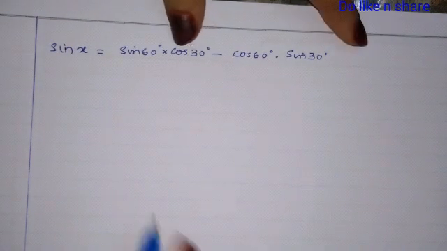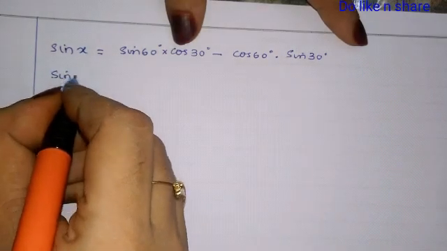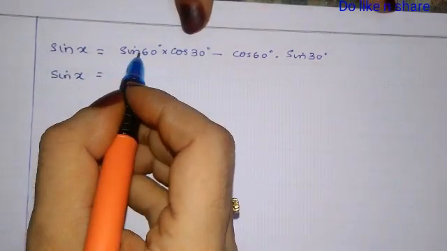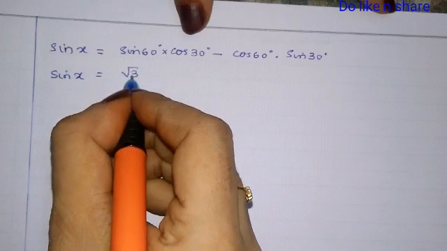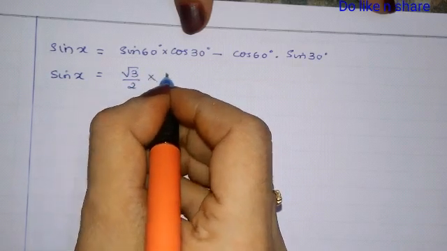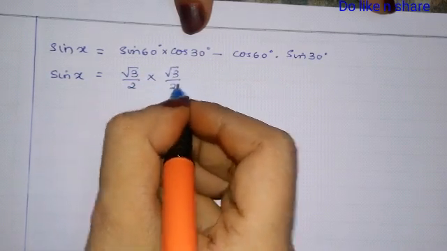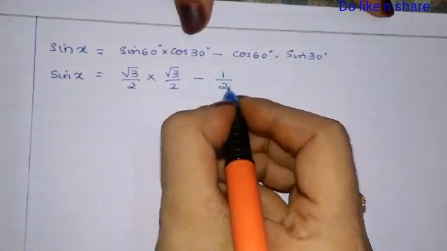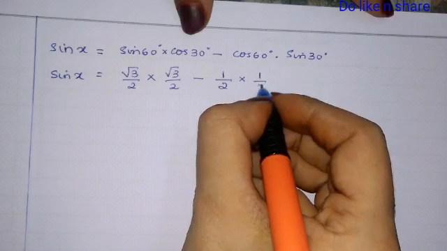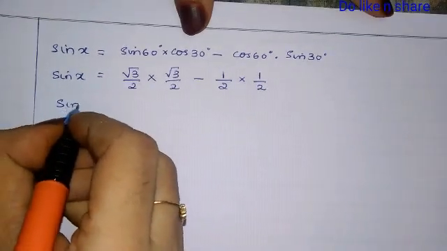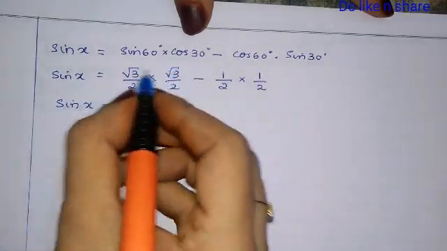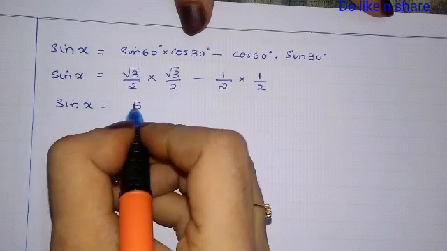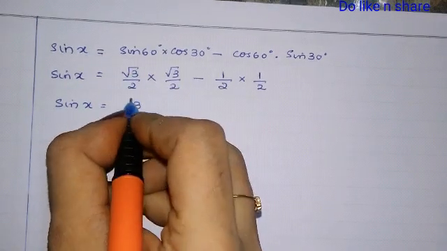Now let sin x as it is here be equal to sin 60, we know root 3 by 2, and cos 30 also is root 3 by 2, minus cos 60, 1 by 2, sin 30, 1 by 2. Sin x is equal to root 3 into root 3 is 3, because root 3 into root 3 is root 3 square.